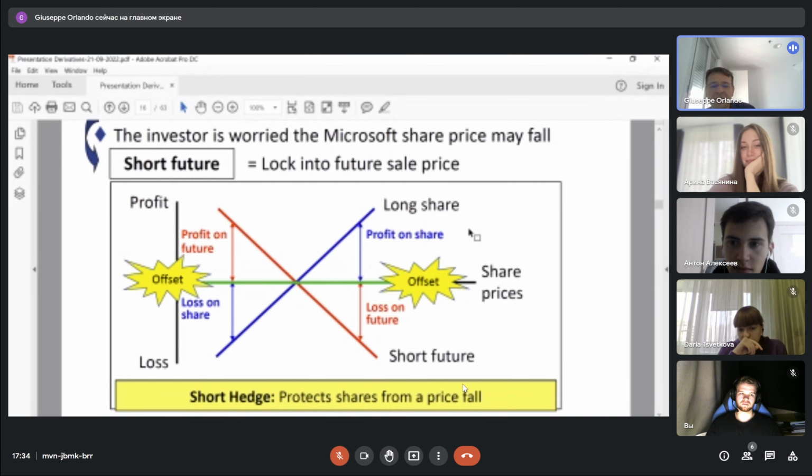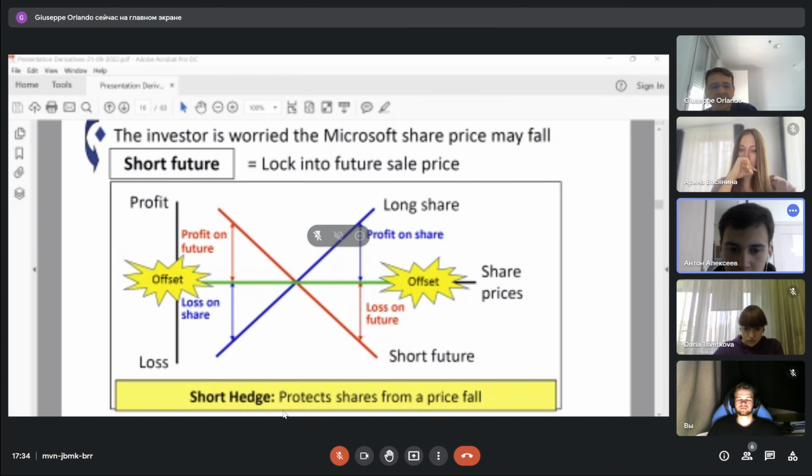In this case, the example is Microsoft, but whatever. If you have the security and the value is 20 here, for example, then you make money when it goes up, and you lose money when the security goes down. Yes?